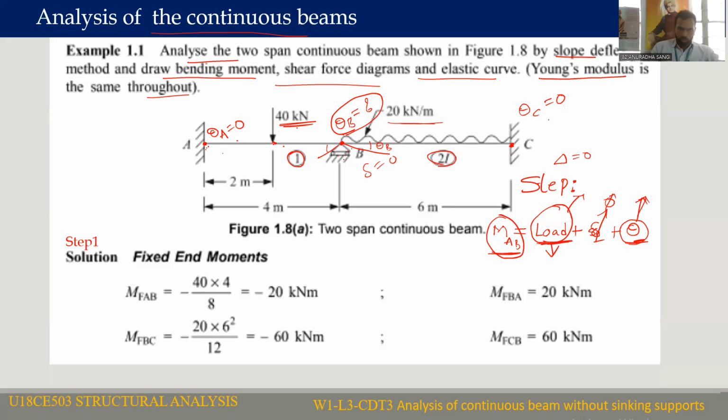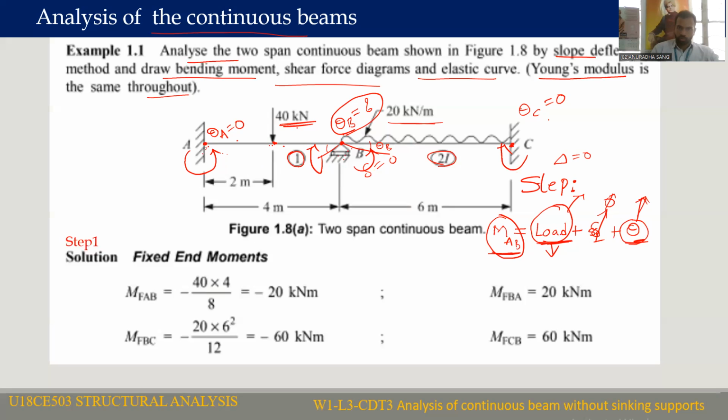Because of the application of load, the load is transferred to the supports. Because of this transfer, a reaction and a resisting moment are going to develop at the supports. At A we have a resisting moment, and at B we have a resisting moment. For the AB span we have two resisting moments, and for the BC span we have two resisting moments.